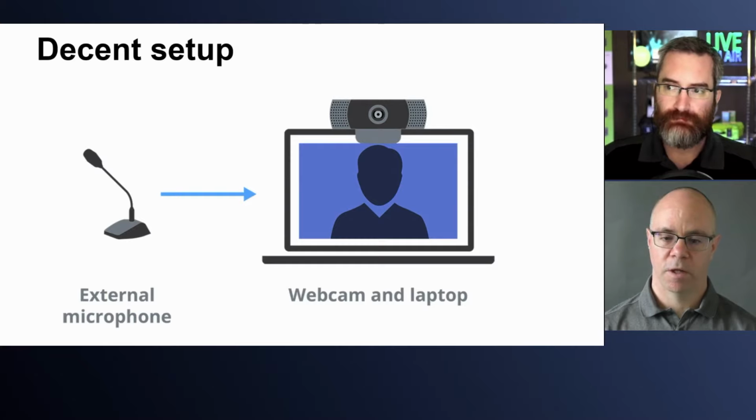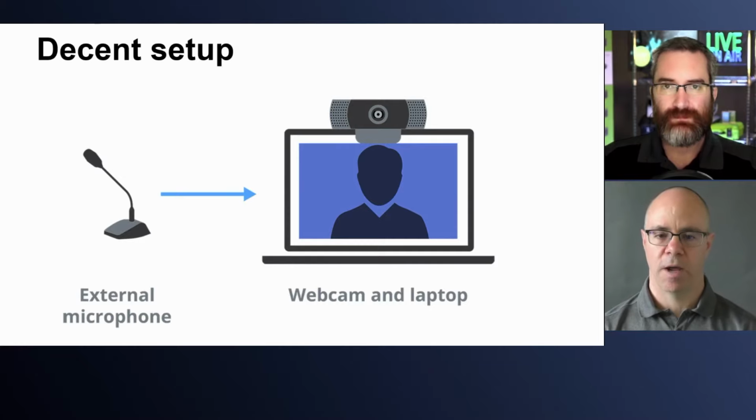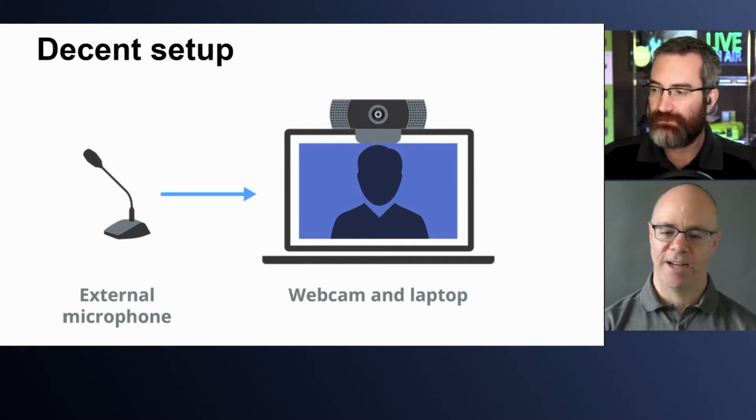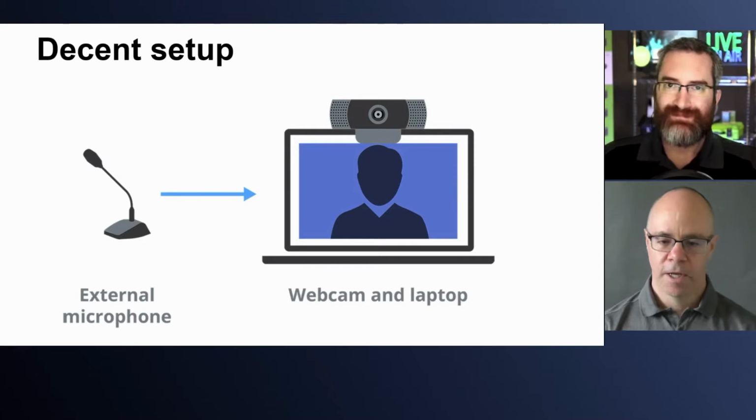Rather than pushing the microphone back from you, you want the microphone very close. By pulling those apart and out of the laptop, you get to place the microphone where it can do its best job, and the camera where it can do its best job. And that leaves you free to use your laptop and have the screen at whatever angle you like and not worry about whether that makes the camera point at a funny angle.